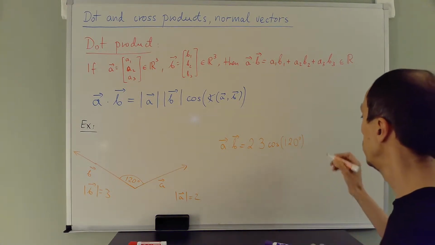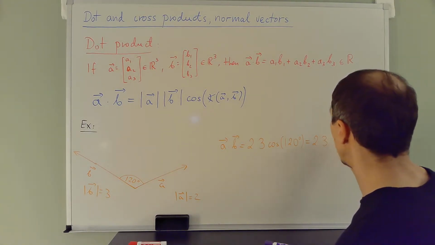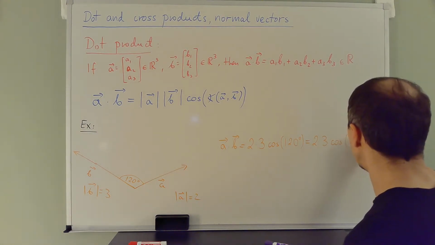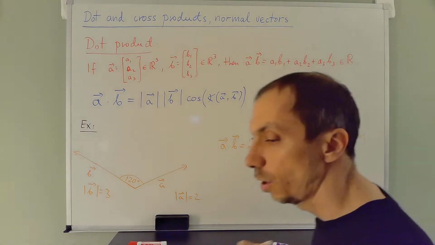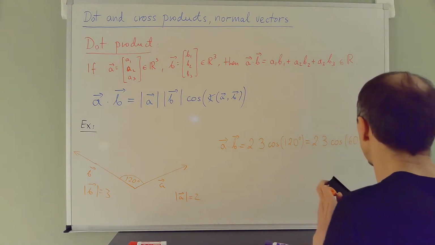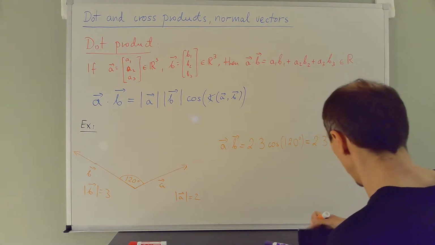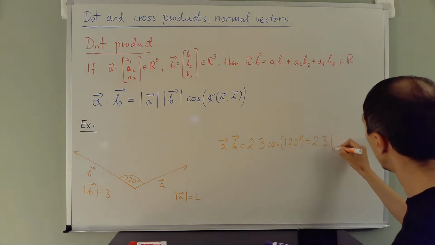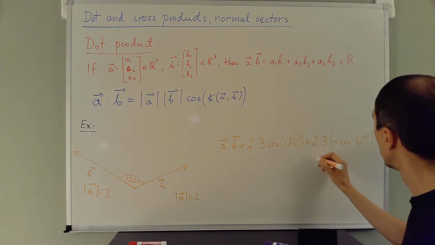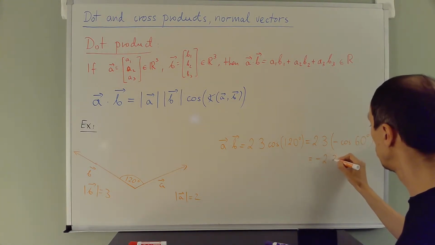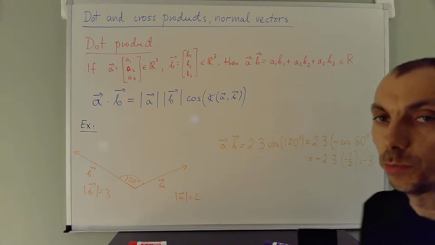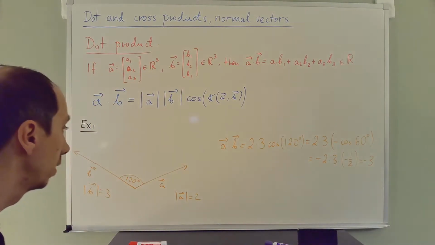But cosine of 120 degrees, that is the same as cosine of 60 degrees, but with a negative sign. So that's just 2 times 3 times negative 1/2. So this dot product gives you minus 3.